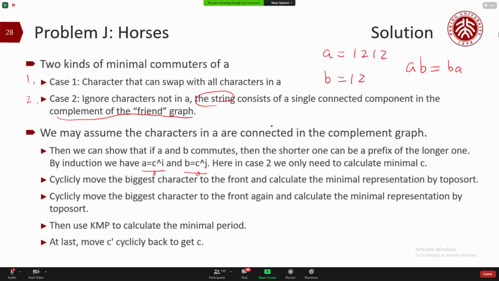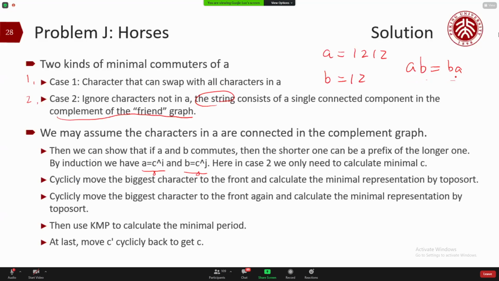This is the case we mentioned here. We do not perform swaps because A consists of characters that cannot be swapped, and B also consists of characters that cannot be swapped. This is the only case where AB equals BA.